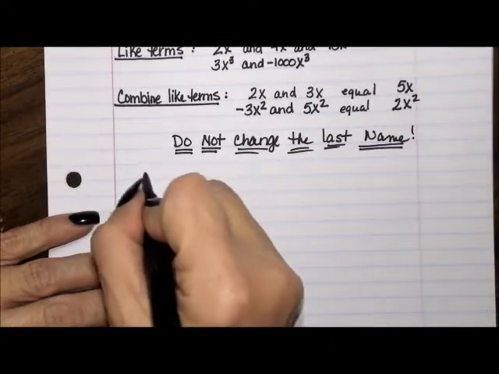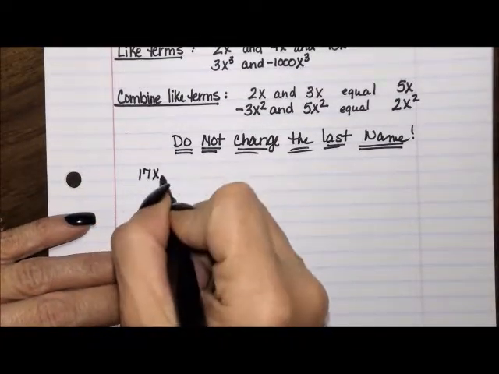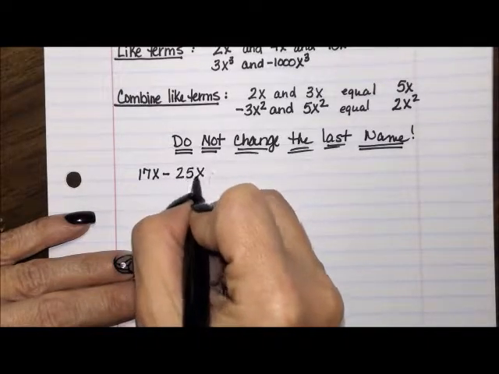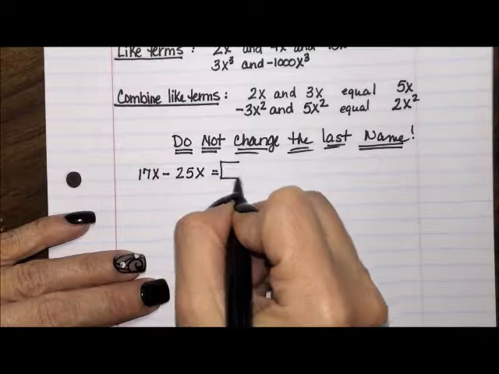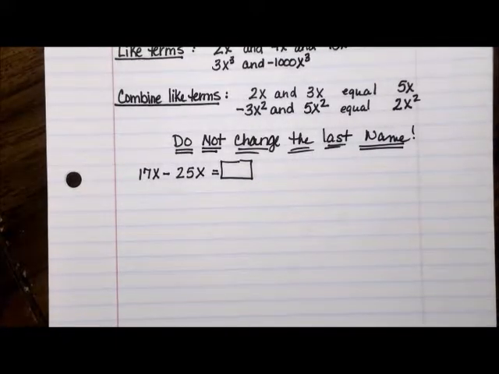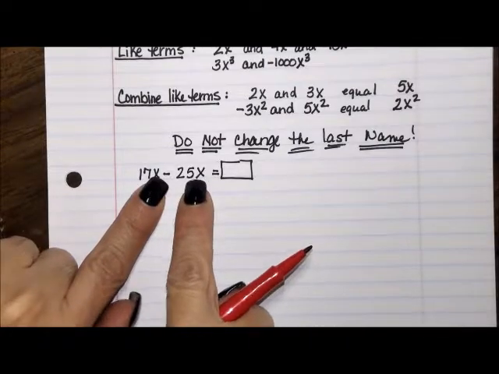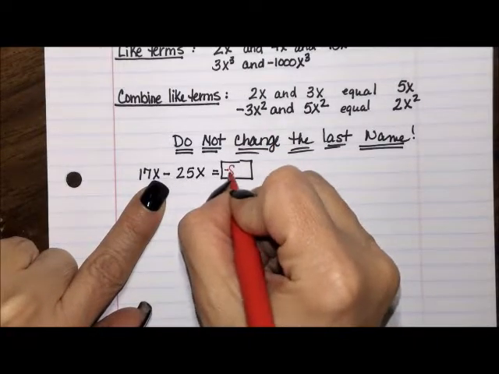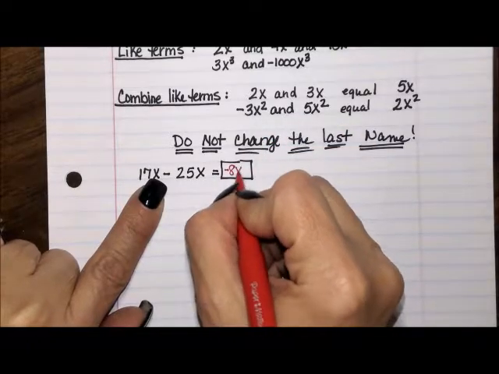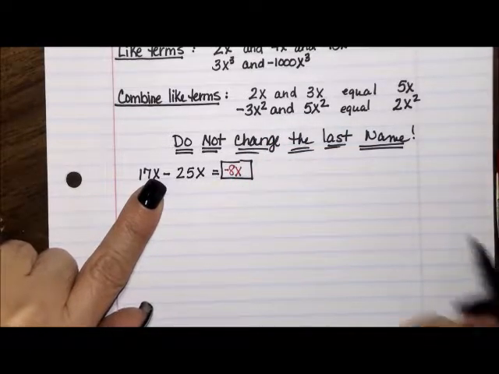So let's take 17x and then minus 25x. What does that equal? Well, they are like terms. They're the x family. So when I put them together, I'm going to get negative 8. Its last name is x, so I want to be sure I keep that same last name there.